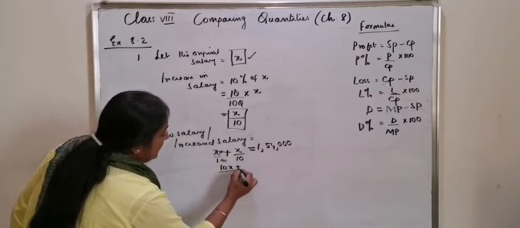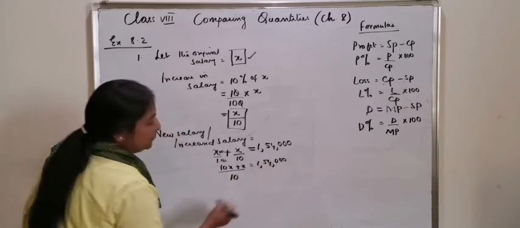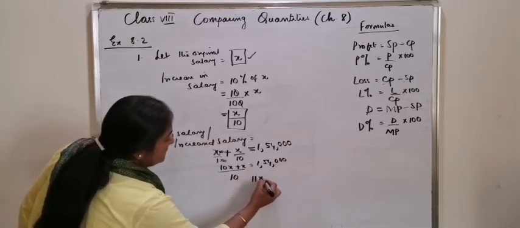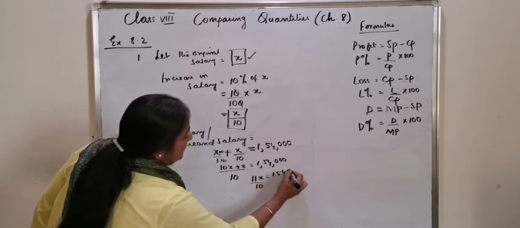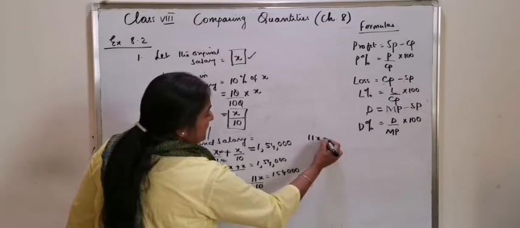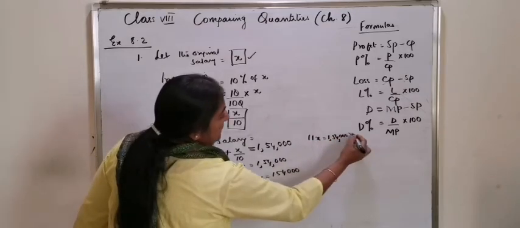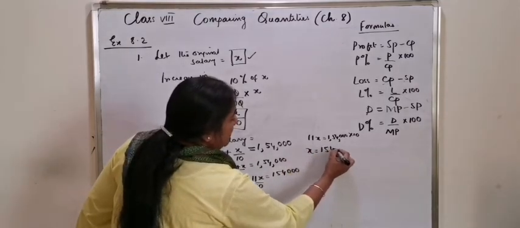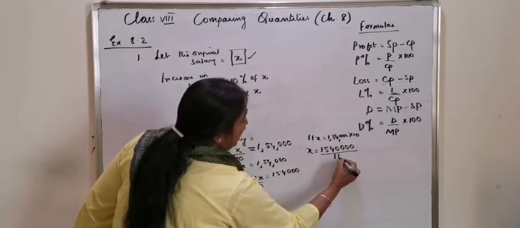That is 10x plus x by 10 is equal to 1,54,000. What is 10x plus 1x? 11x by 10 is equal to 1,54,000, or 11x is equal to 1,54,000 cross multiplication into 10, or x is equal to 1,54,000 into 10 by 11.